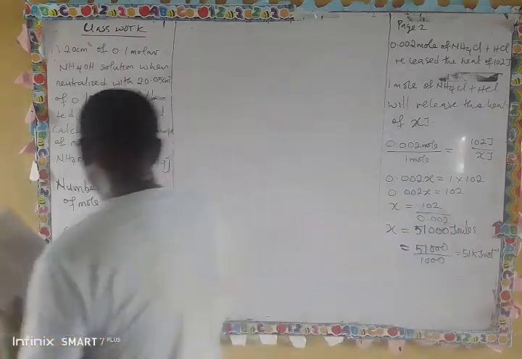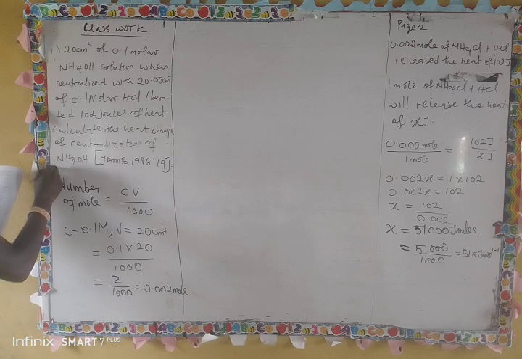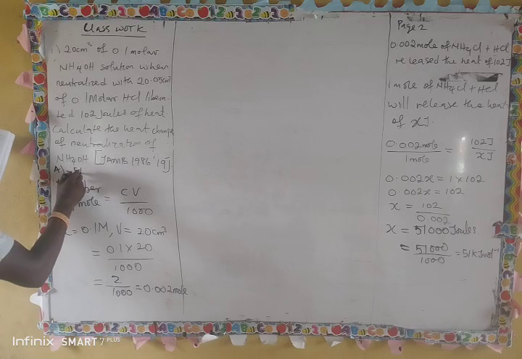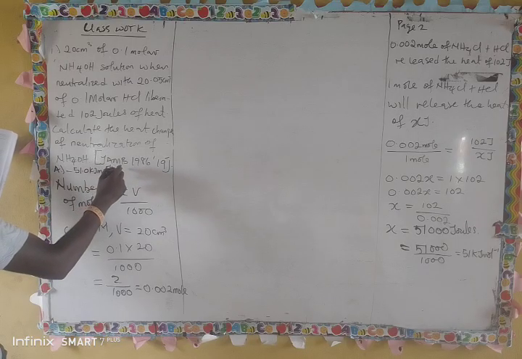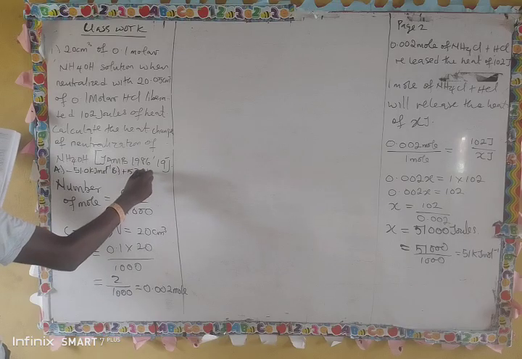What are the options we have here? Option A, minus 51.0 kilojoule per mole. I want to show you something there. B, plus 57.3 kilojoule per mole.